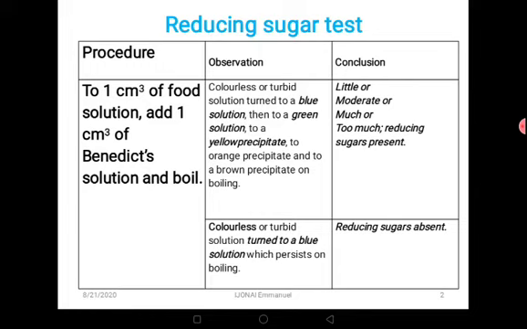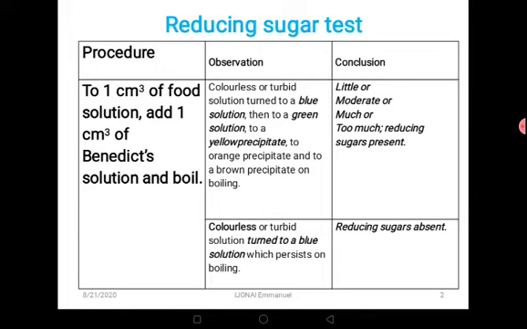So what are we talking about here? We say that to 1 centimeter cubed of a food solution, add 1 centimeter cubed of Benedict's solution and boil. This is what we observe. If the solution that you are testing is colorless, then you say a colorless solution. If it was turbid, you say a turbid solution turned to a blue solution.